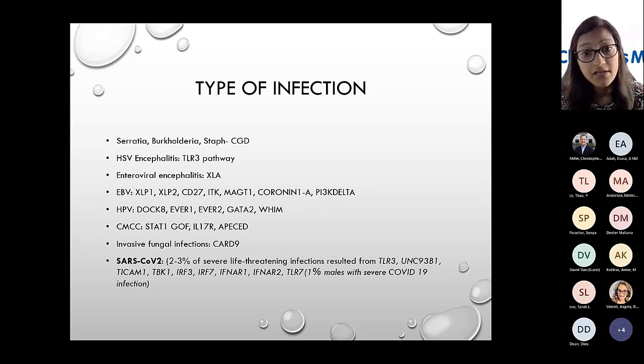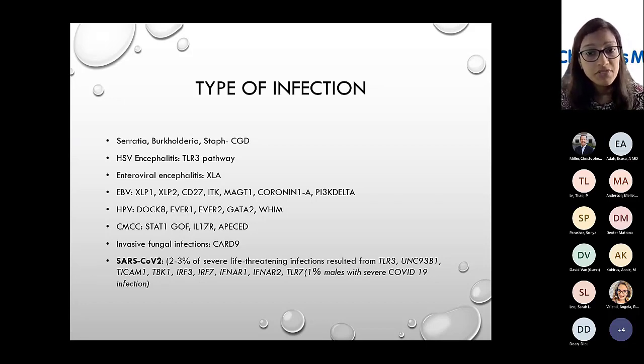SARS-CoV-2. So we know that SARS-CoV-2 infections led to all these studies that looked for immune defects that could predispose some patients to the infection, and some patients to more severe outcomes and a severe course of infection.